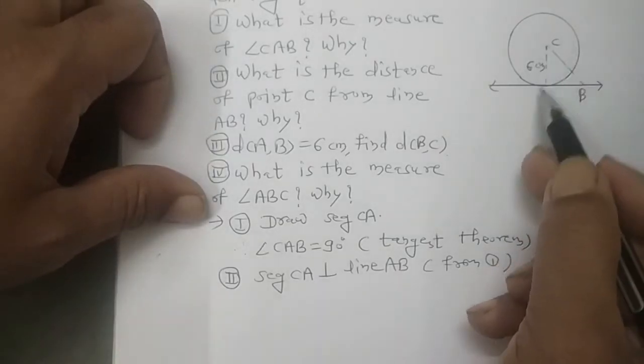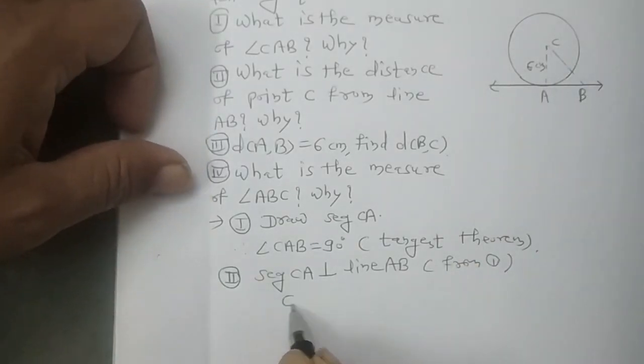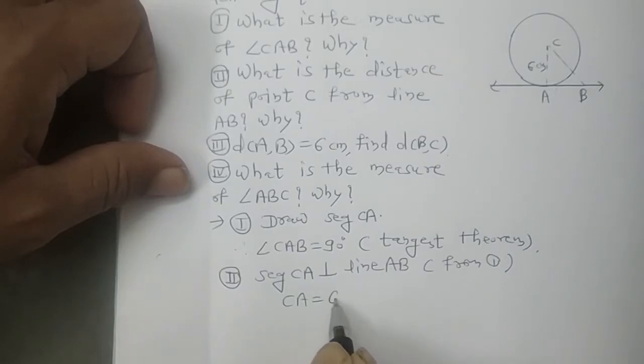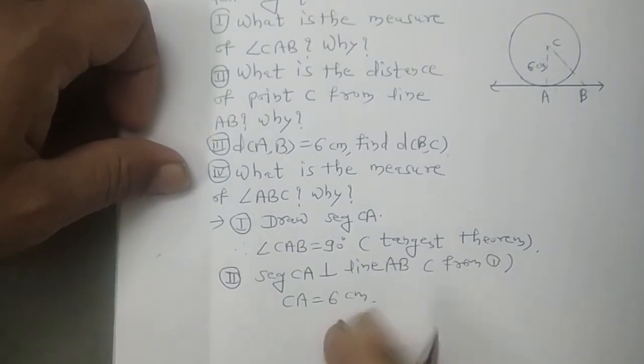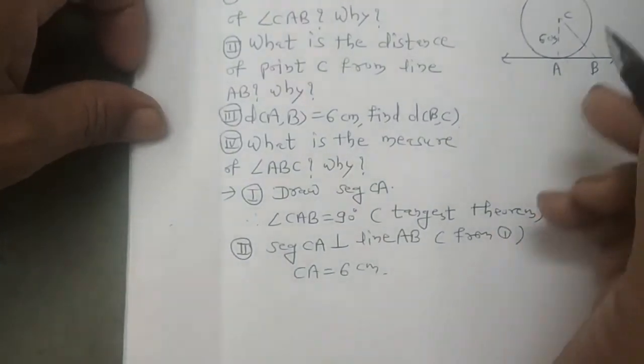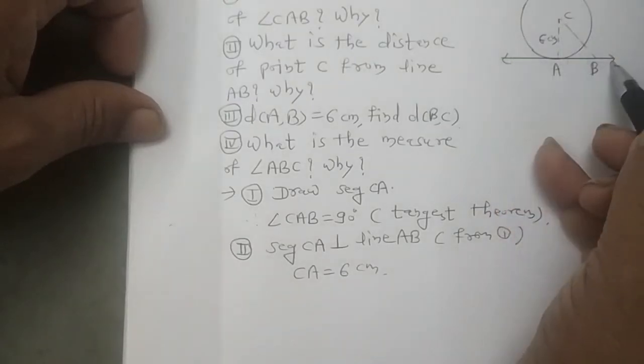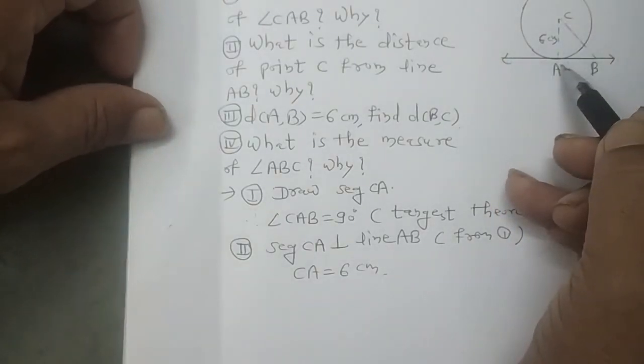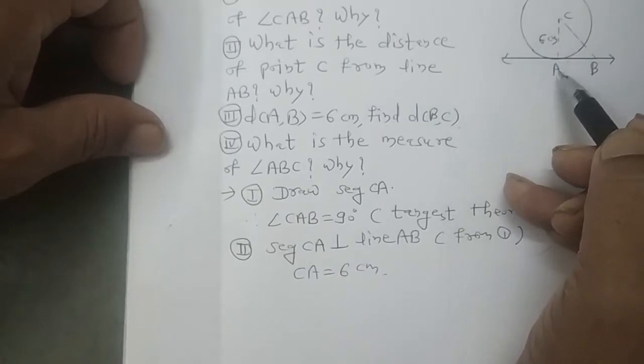And we have given CA is equal to 6 centimeter. Now this is CA perpendicular to AB, and this distance CA is equal to 6 centimeter.